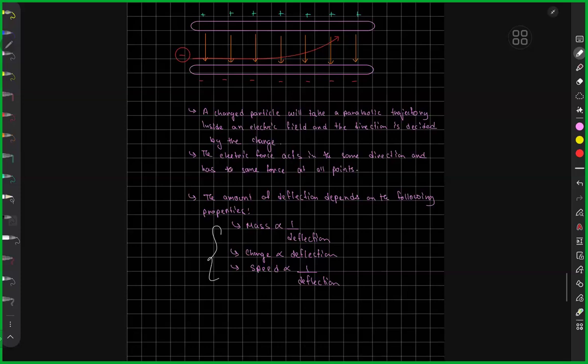If the mass of the charge is greater, the deflection will be less. So what does that mean? When I see that my charge is getting deflected less, that means I have a heavy mass of charge.